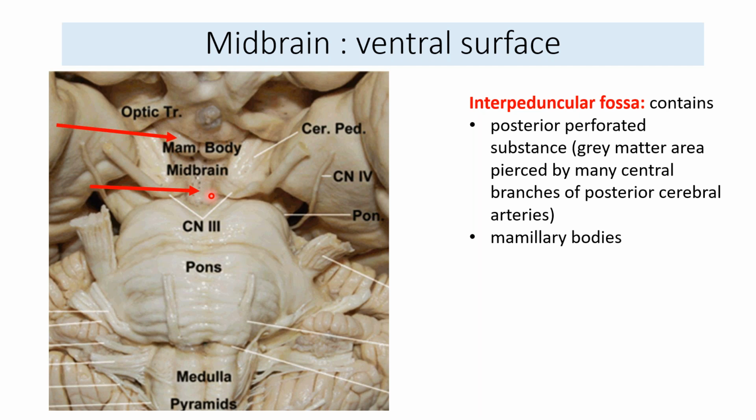They create a perforated area, and that perforated area is called the posterior perforated substance. And the two mammillary bodies can be seen in the interpeduncular fossa. And if you go above, this is the optic tract, the optic chiasma, the crossover of the two optic nerves, that can be visualized in relation above, crossing the cerebral peduncle.